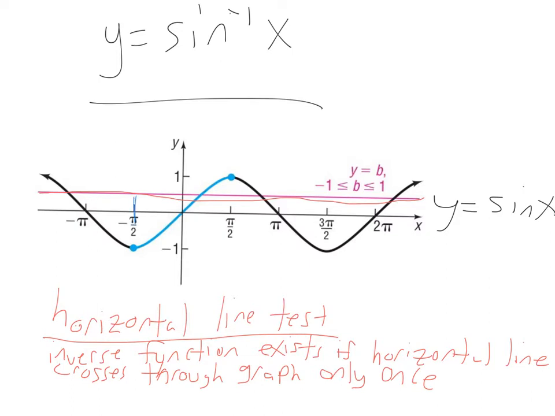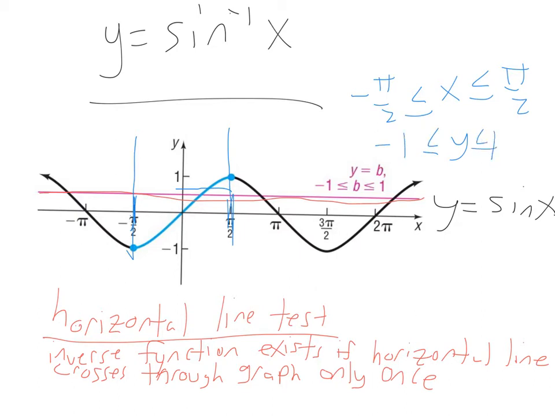But if we restrict the domain to being from -π/2 to π/2, then it would pass the horizontal line test, and we could come up with an inverse function. We restrict the domain to -π/2 to π/2 and the range to -1 to 1. Remember, for an inverse, the domain of the original function becomes the range of the inverse, and the range of the original becomes the domain of the inverse.